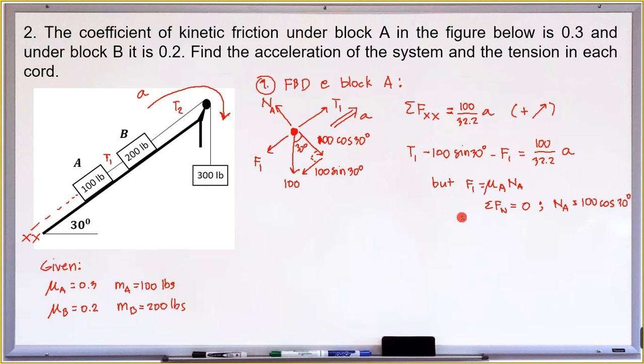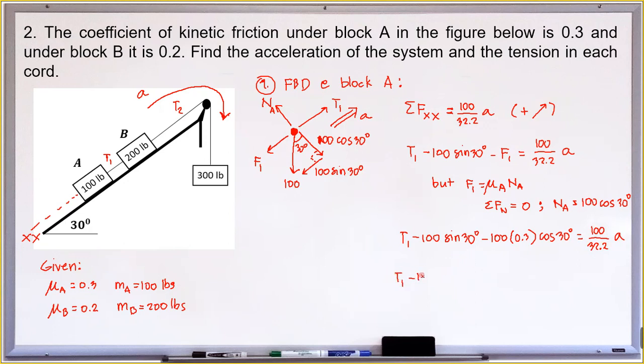So, we plug that in here. We have T1 minus 100 sine 30 degrees minus 100 times mu A, which is 0.3, times cosine 30 degrees, equals 100 over 32.2 times the acceleration. We simplify further.